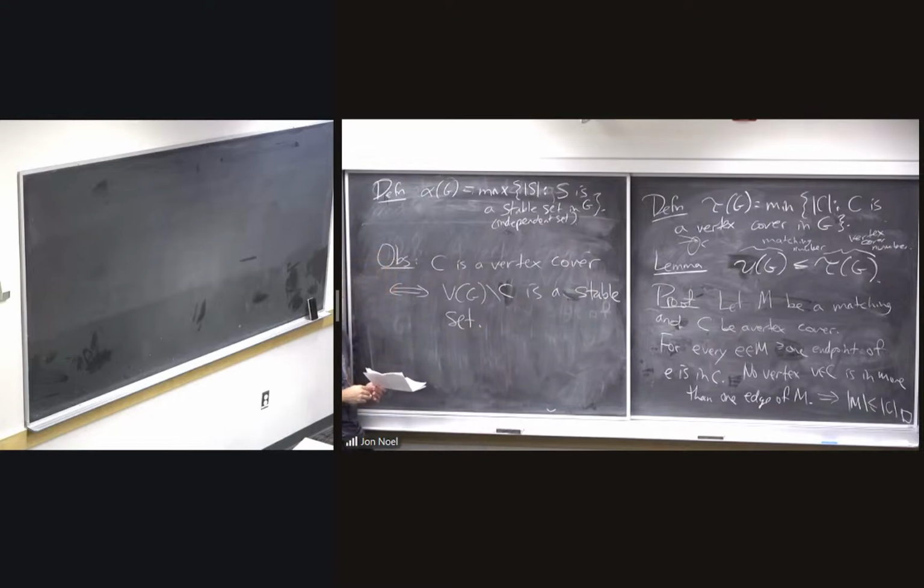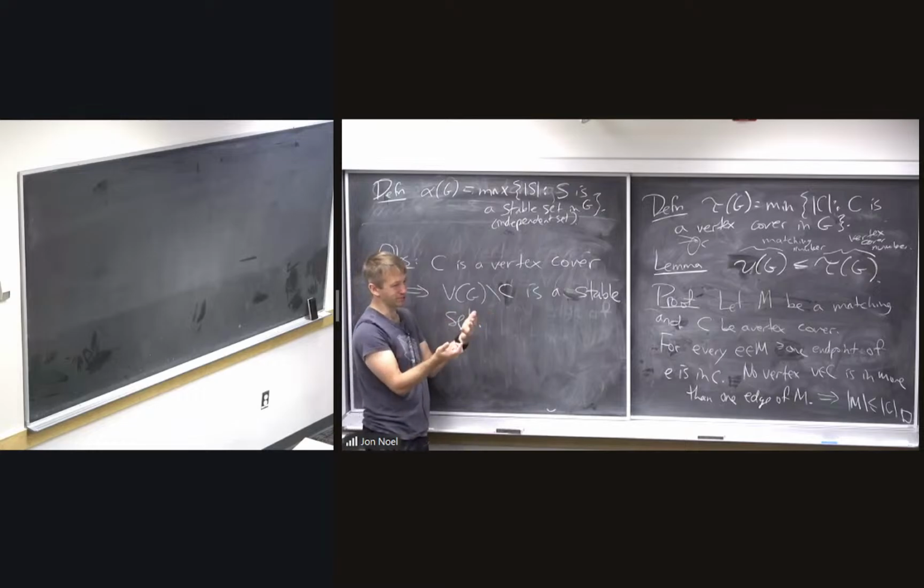Maybe it's worth thinking about this. Can anyone see why this is the case? If two vertices are in the complement of C and they are not a stable set, then there is an edge between them, so that edge is not covered by any vertex in C. Yep, exactly.